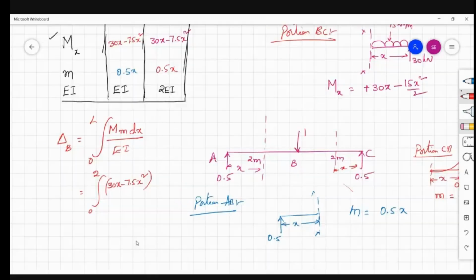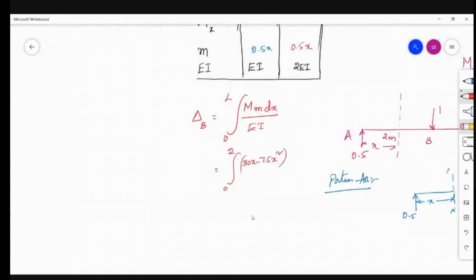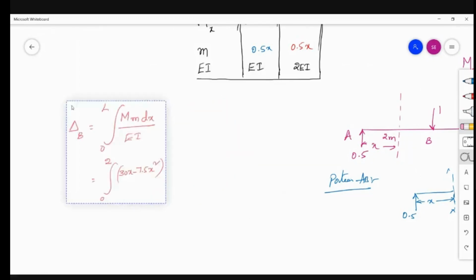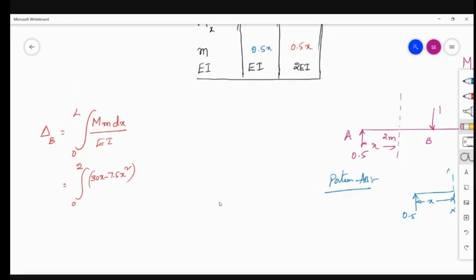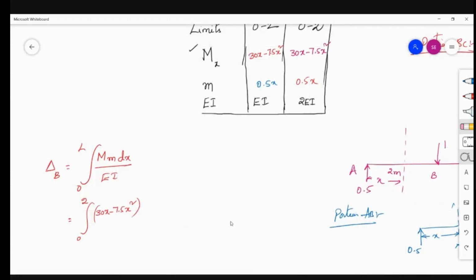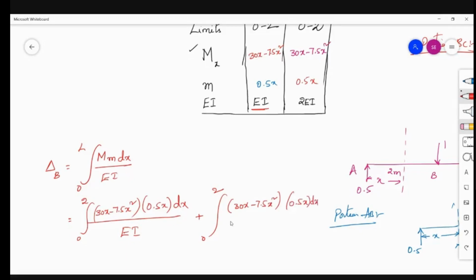Just due to the space, I will write down here. 30 into x minus 7.5 into x square into 0.5 into x into dx by EI, plus 0 to L. We are writing for BC portion: 30 into x minus 7.5 into x square into 0.5 into x into dx by EI.